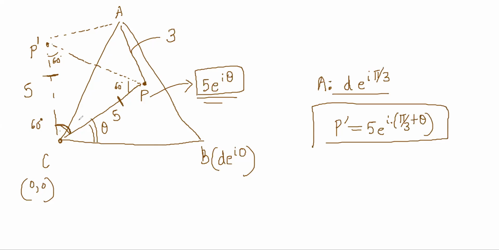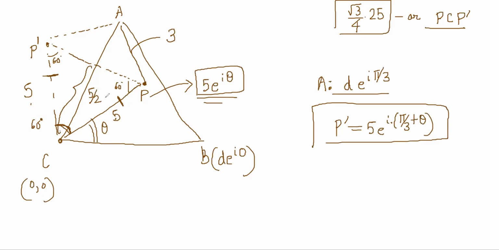So this is 5, 5 and this is 60. So you know the area of this triangle, right? Root 3 by 4 into 5 square, 25, right? This is the area of PCP dash, right? Okay, and 5 cos 60. So this distance should be 5 by 2, right?